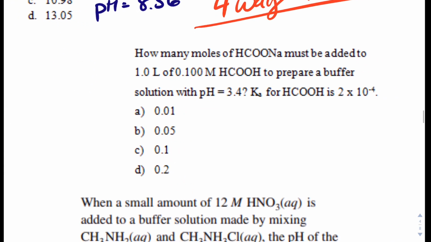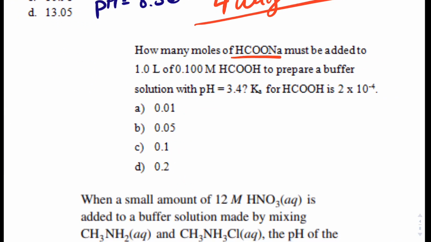Okay, so when I get to this next question, it says how many moles of this must be added to 1 liter of 0.1 molar HCOOH, and since this has an extra H, although it's kind of weird that AP put it on the end, but anyway, this must be my acid.